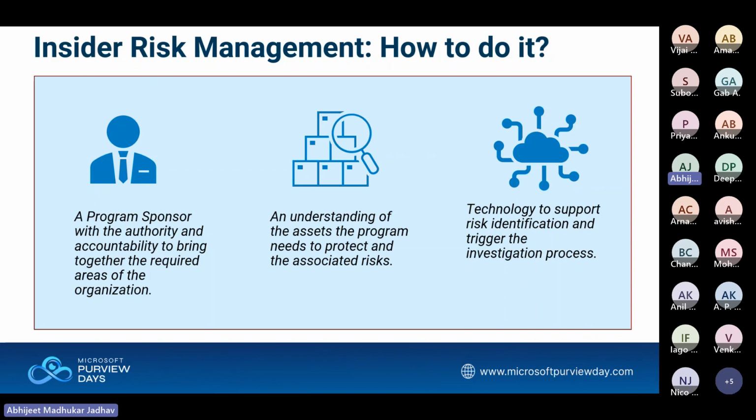It gives you data theft, data leakage, security, and a lot more templates. But you need to first have the homework done on what the assets are that you want to protect and understand the associated risks. Then go to the technology and find the risk identification, trigger and investigation process, and so forth.